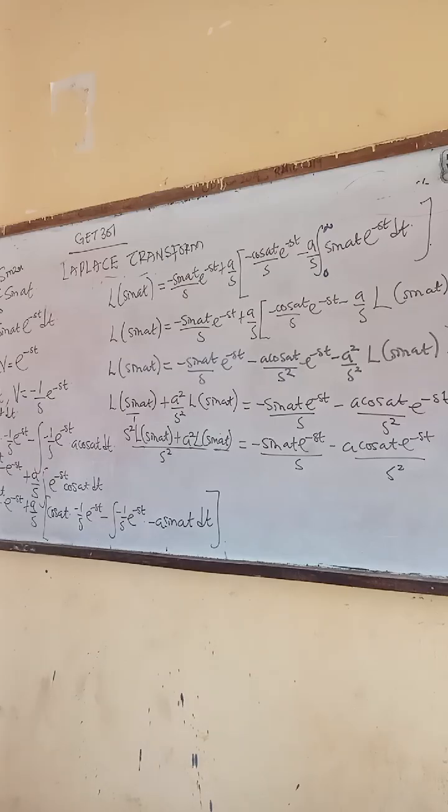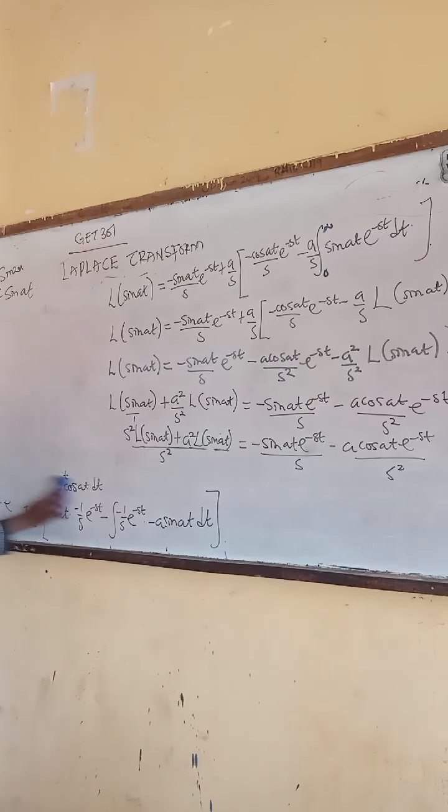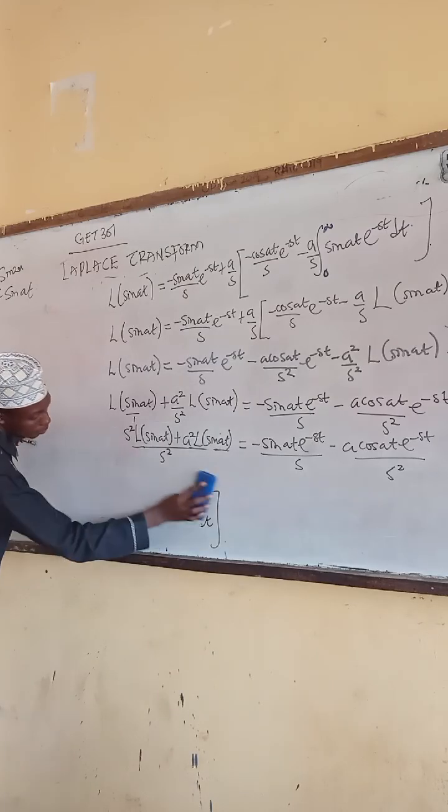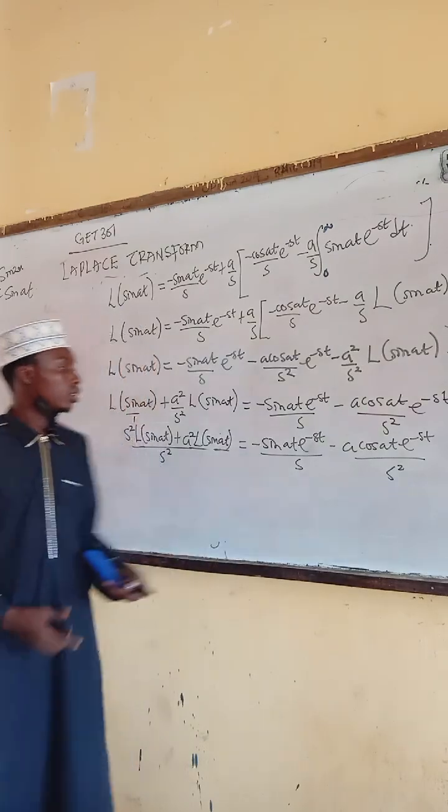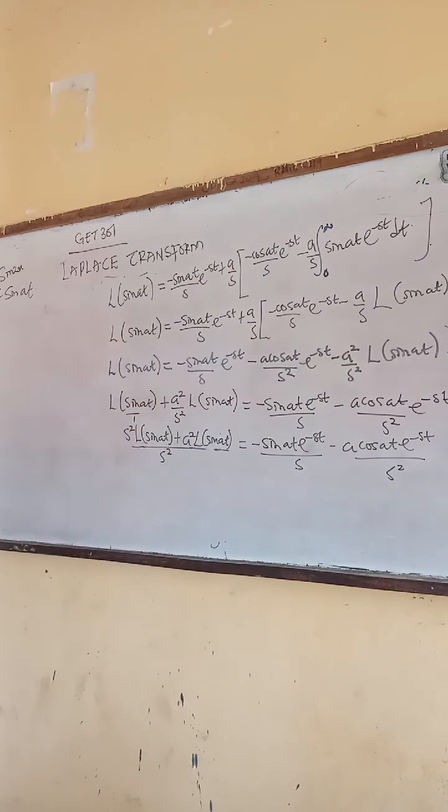Are you done? Now from this place, what are you going to do? You find the LCM at the right hand side, so you have your s square. So let me factorize this. Laplace of sin(at) is common.